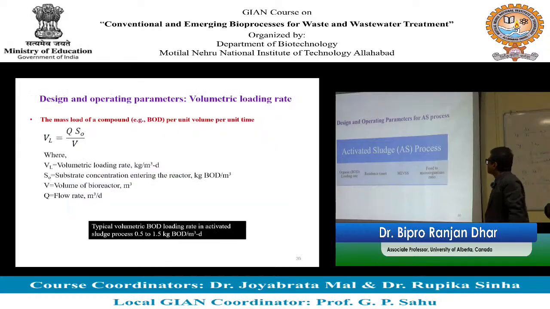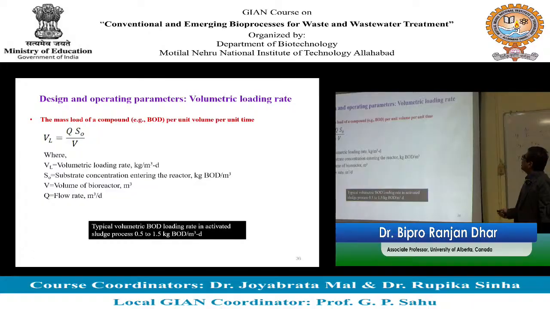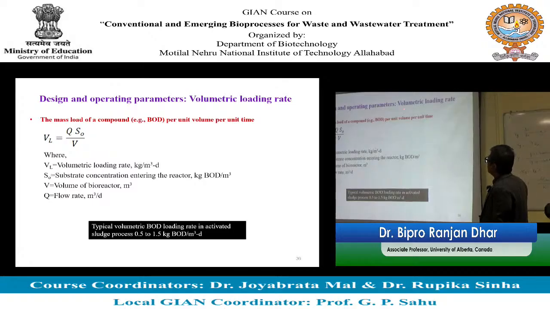Okay, so now let's see one by one. Volumetric organic loading rate is the mass load of BOD per volume of reactor per unit time. How can we estimate that? We can use this equation. Q is the flow rate of wastewater, S naught is the BOD concentration in your wastewater, and V is the volume of the reactor.